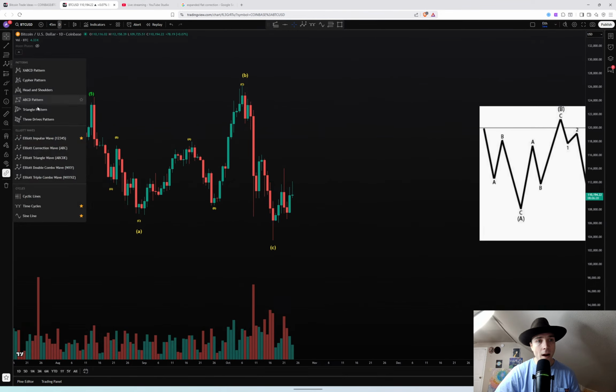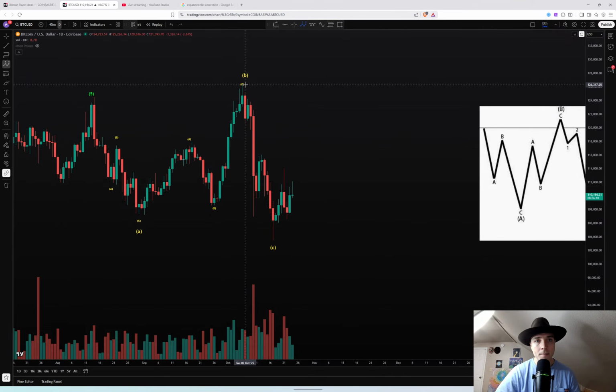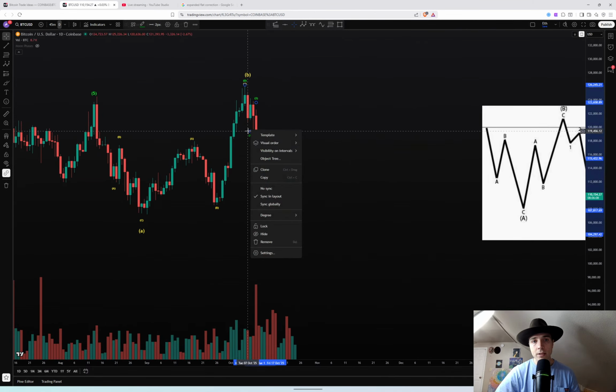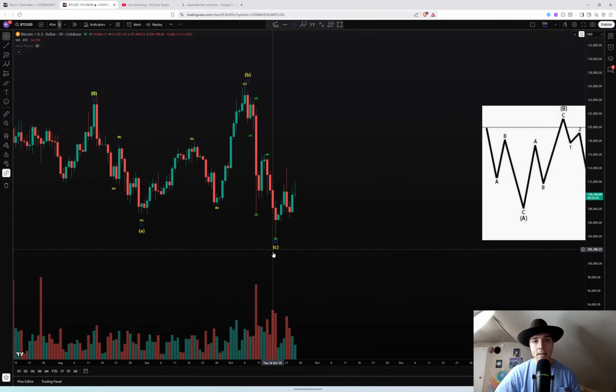So here's our 5-wave impulse right here. Wave 1, wave 2, wave 3, wave 4, and wave 5. Okay? And we'll make this a submicro Elliott wave. So this is from B to C, we have 5 waves down, right?